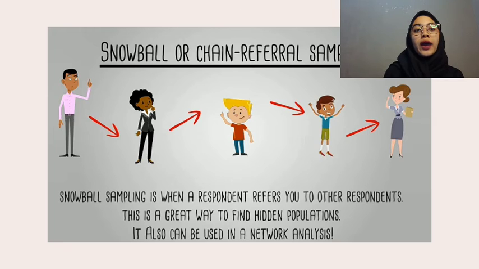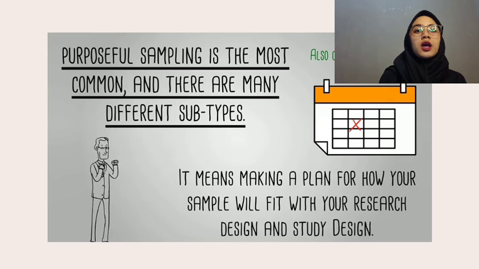Next, this is snowball or chain referral sampling. Snowball sampling is when a respondent refers you to other respondents. This is a great way to find hidden populations. It can also be used in network analysis. And there is purposeful sampling, also called purposive, which is the most common, and there are many different subtypes. It means making a plan for how your sample will fit with your research design and study design.